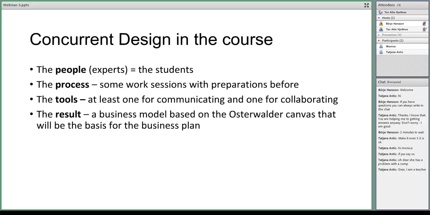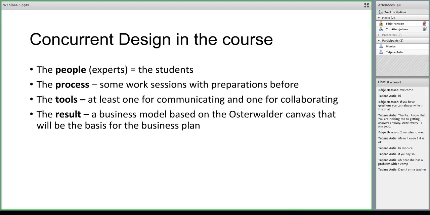The process in this course, when you're writing your business plan, we suggest that you have 4 work sessions, online work sessions. And you also need some preparation before these work sessions. Like we discussed in the last webinar, a work session is not a traditional meeting where you sit down, just talk and discuss what to do. A work session is people getting together and doing some actual job in the session.